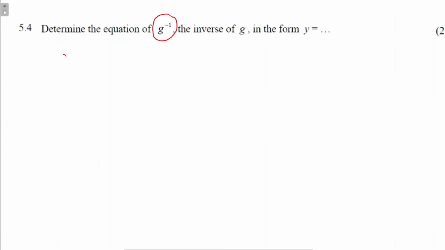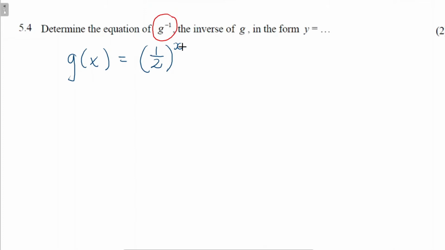We were told that the g of x function is given as 1 over 2, all raised to the power x. Okay, so how do you get the inverse of g? Guys, you need to remember, if they want you to get the inverse function, where you have a y, you put an x, and where you have an x, you put a y, right?